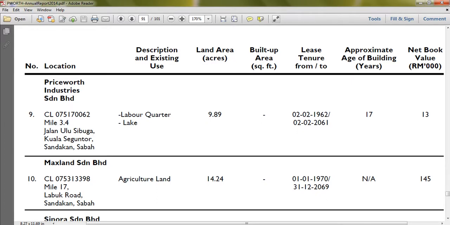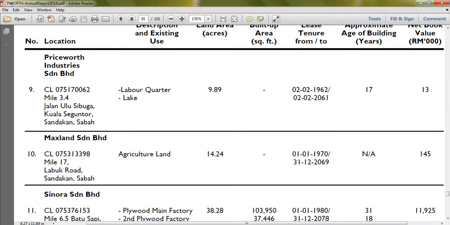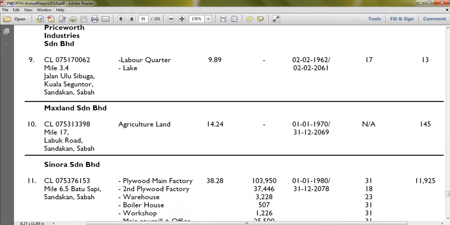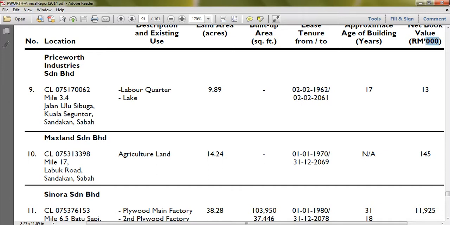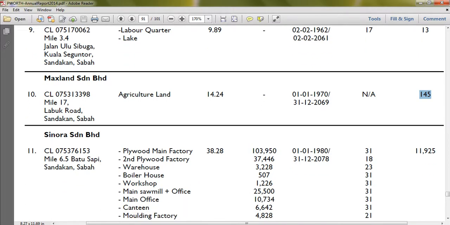So these are the things that they have. Like the portfolio is 13,000 only. This is like Sabah, Sandakan. This is what I meant just now. 30 is divided by thousands. 145,000, it's not much, except this one. This one, 11 millions.